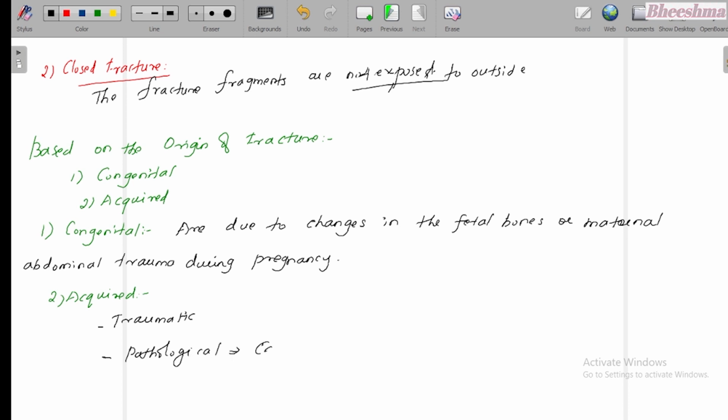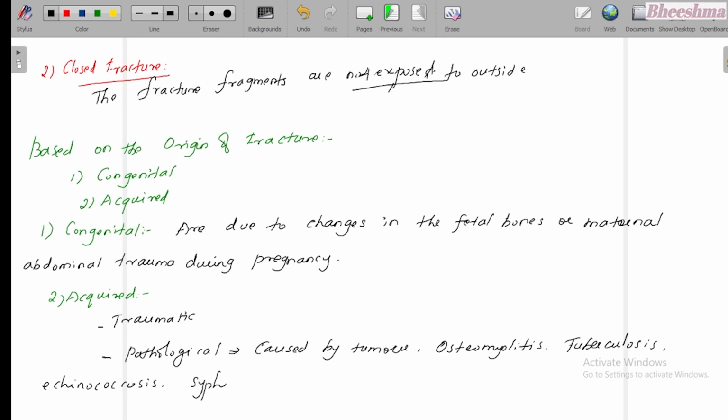Pathological caused by tumor, osteomyelitis, tuberculosis, echinococcosis, syphilis. These are the pathological caused by tumor, osteomyelitis, tuberculosis, echinococcosis, syphilis.